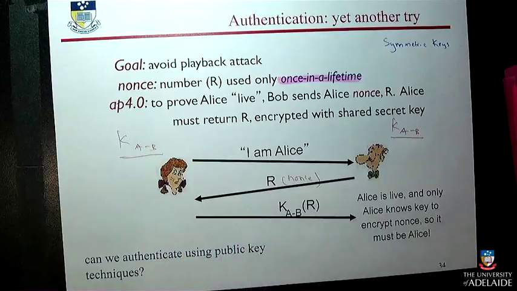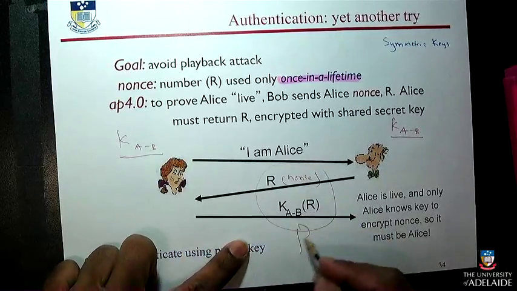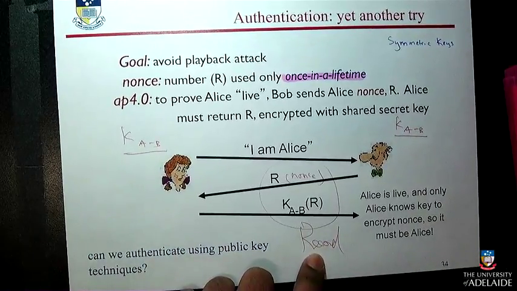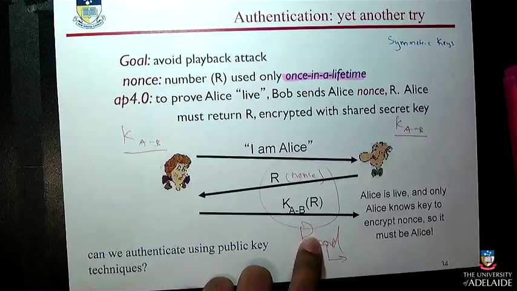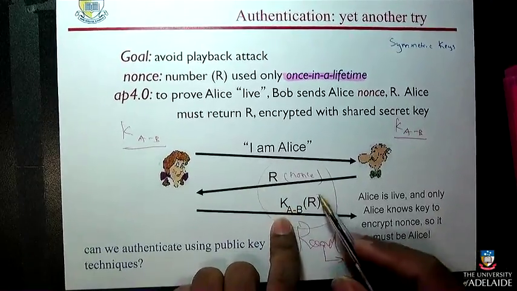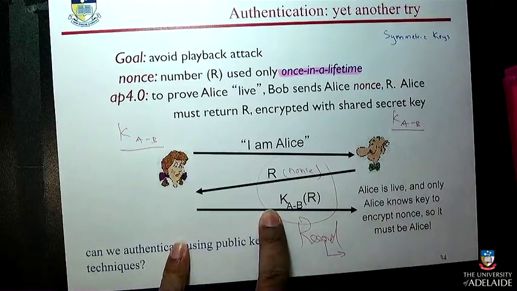So if Trudy was to record this message, can she play it back? Is it worth recording this message? Will it work if she plays it back? It won't, because why?